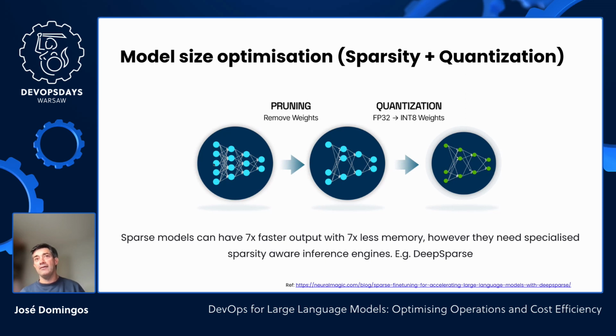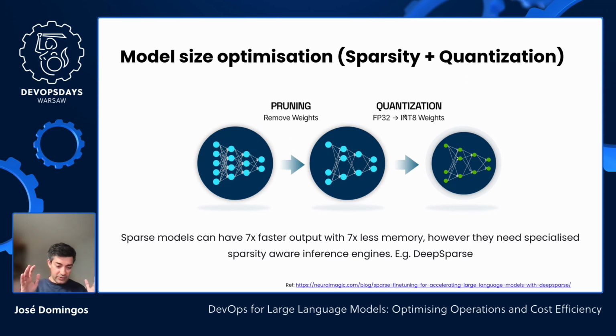In pruning, you look for nodes where the weights are near zero, and you say all these weights that are near zero, you remove them from your model. So you reduce the number of nodes effectively.